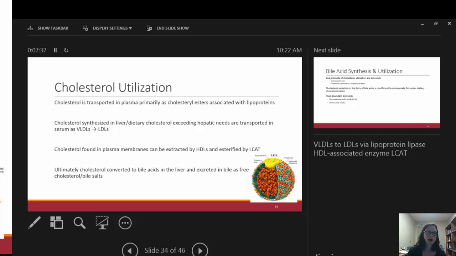The cholesterol found in plasma membranes can then, as a review from last week, be extracted by HDLs and esterified by the HDL-associated enzyme LCAT. Ultimately, the cholesterol is shuttled back to the liver, where it's converted to bile acids and can be excreted in the bile as free cholesterol or bile salts.